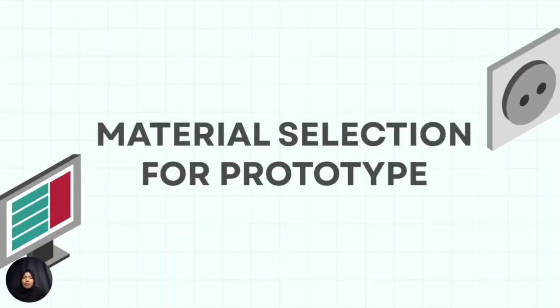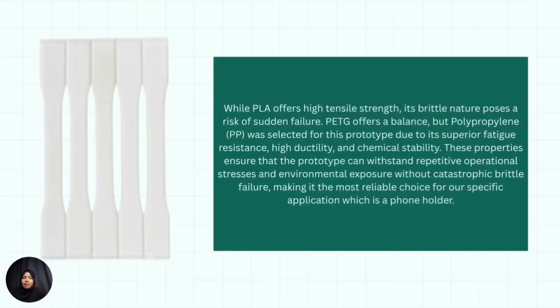I am Wan Sofia Ahmani binti Wan Khairul Hisham, RP24021, and today I'll be presenting the material selection for prototype. While PLA offers high tensile strength, its brittle nature poses a risk of sudden failure. PETG offers a balance, but polypropylene (PP) was selected for this prototype due to its superior fatigue resistance, high ductility, and chemical stability.